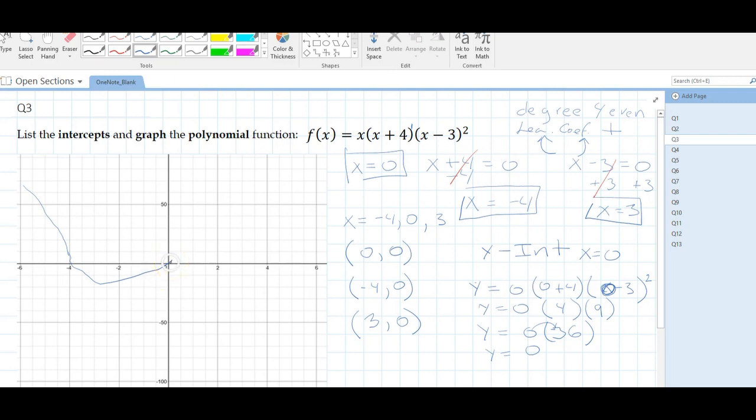And then, after it goes up, it will go down again, and it's only going to touch at 3 because our exponent is even. So it will touch at 3, and it will go up again. So our end behavior is up, up. Here, it should be touching. Let me make it look like it's touching. Okay. Horrible drawing, but at least you got the idea how to figure out more or less the shape of your graph.